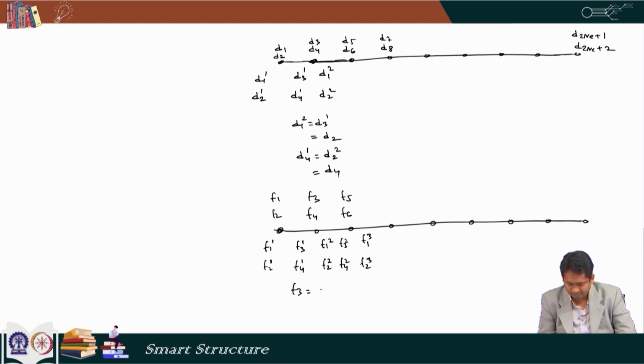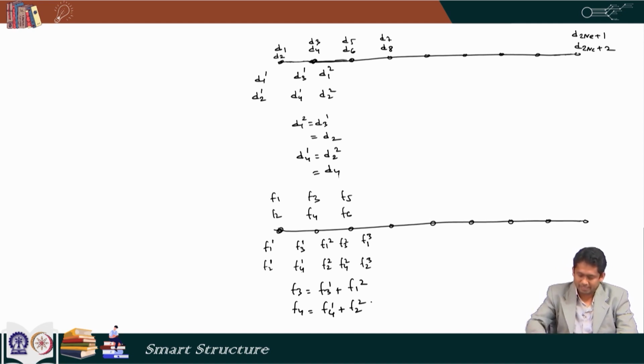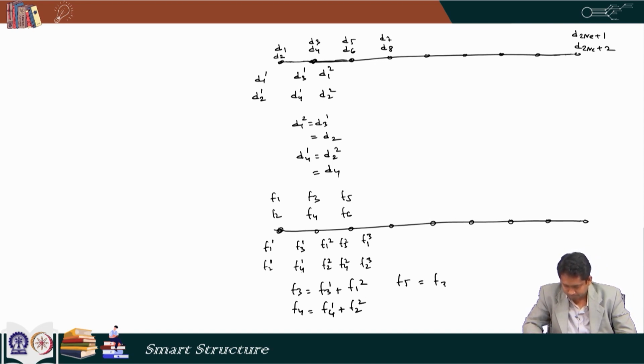So, F3 is F31 plus F12. Similarly, F4 is F41 plus F22 and accordingly we can say F5 is equal to F32 plus F13 and F6 is equal to F42 plus F23.